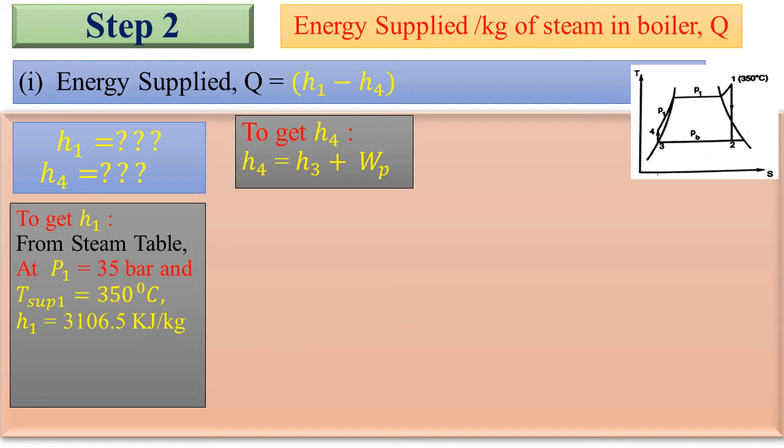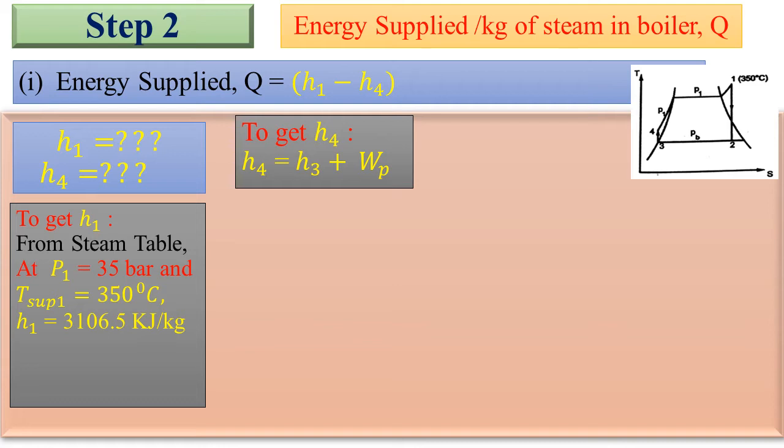Hence, if we need to find out energy supplied at point 4, we have to refer to process 3 to 4. From the TS diagram we can see process 3 to 4 is the pumping process.